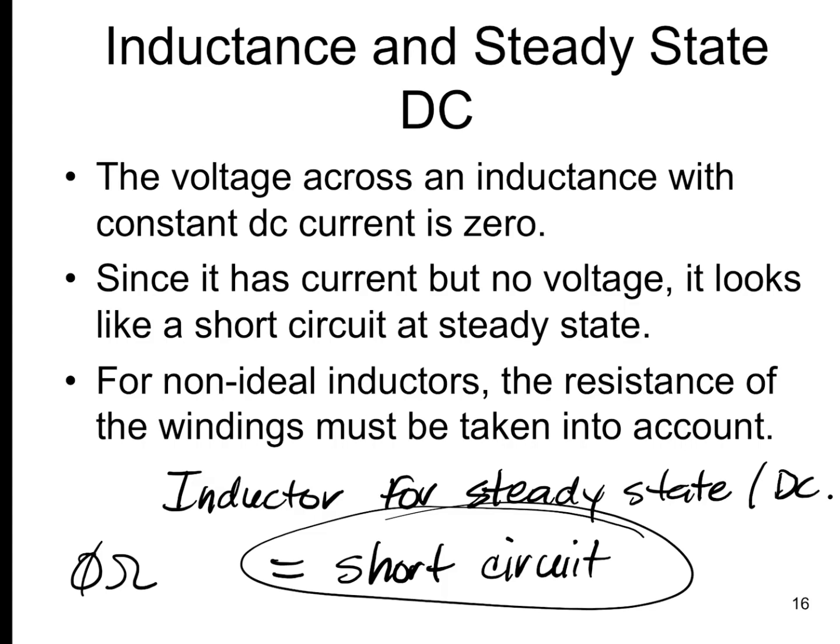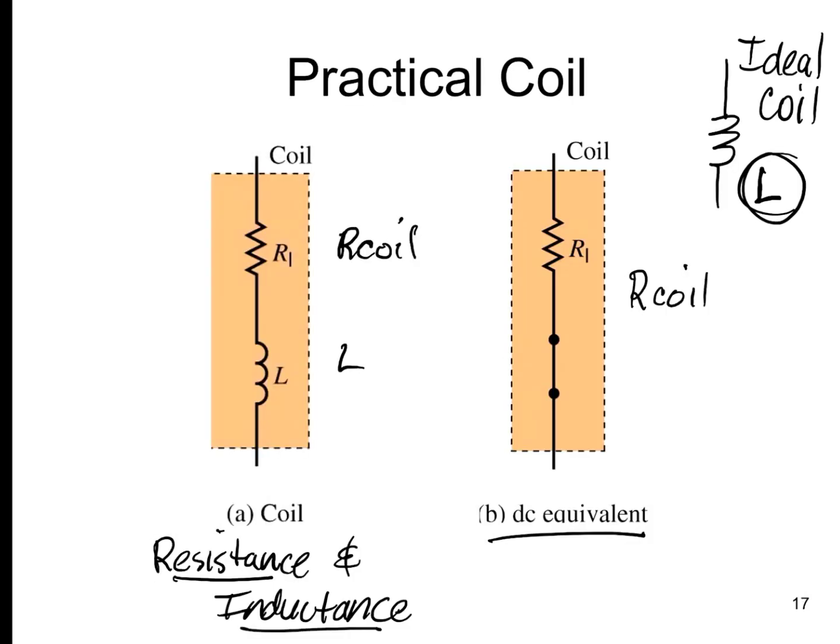And that's because the only resistance we have is the small resistance of the coil, and to DC we would call a steady state equivalent of an inductor a short circuit. Of course, you can probably imagine when we look at a capacitor, instead of its steady state equivalent being a short circuit, we're going to find that it's an open circuit. Okay?